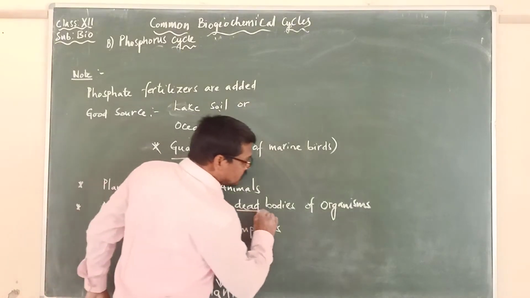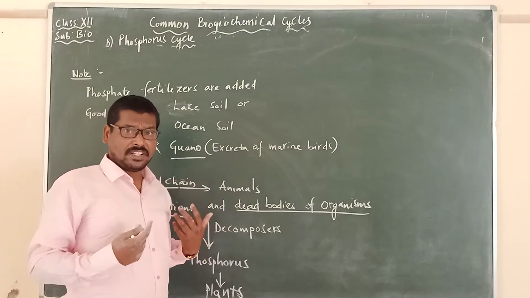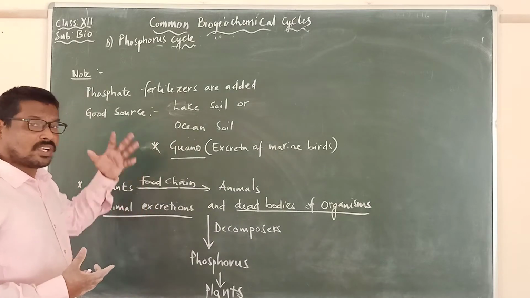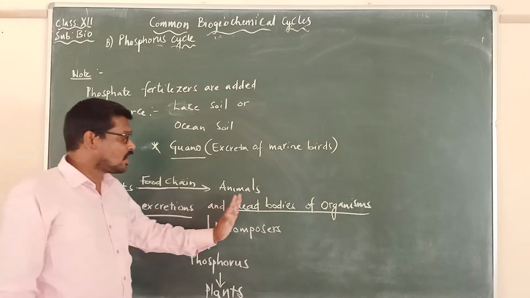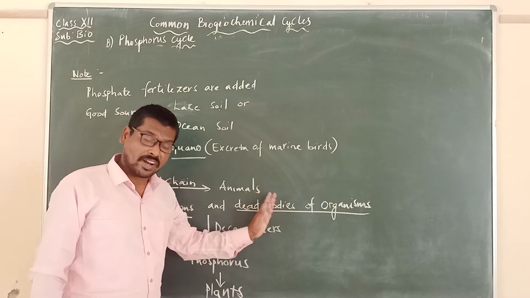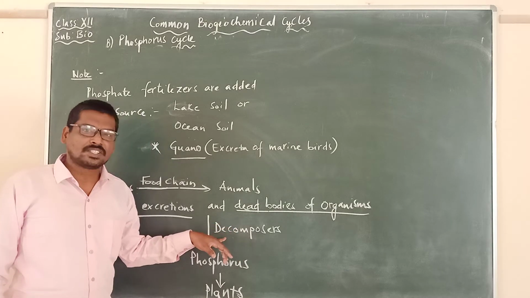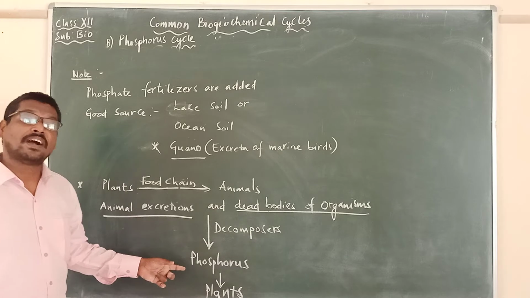In the same way, animal excretions as well as the dead bodies of organisms. Even in our body, when we are dead, it is rich in what? Phosphate or phosphorus we say. So animal excretions or dead bodies of organisms, in the presence of the decomposers, will be converted into what? Again phosphorus.